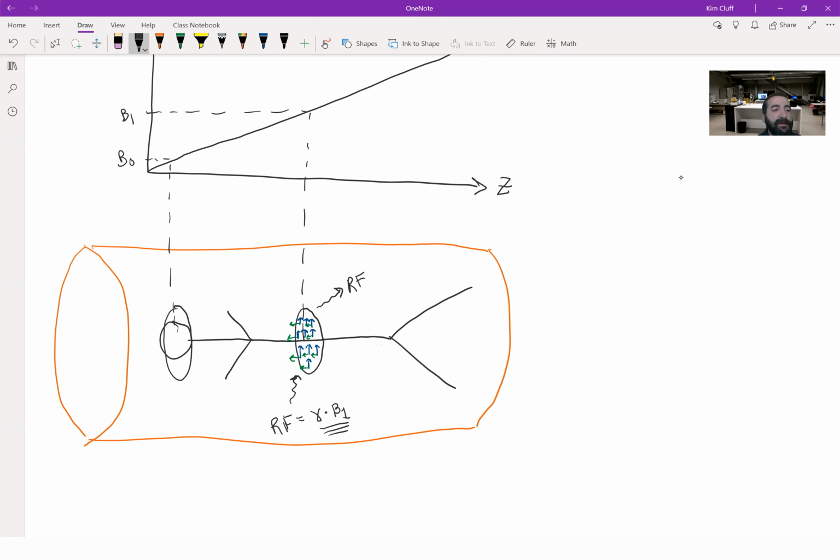It's the time it takes, when we turn off that RF pulse, for it to then release that RF energy and give that pulse back, that will change based on the tissue that the hydrogen atom is attached to. Say, for example, attached to water, it'll release it a lot faster.